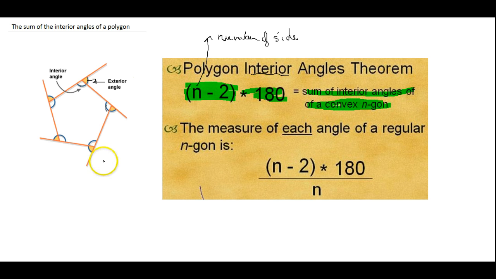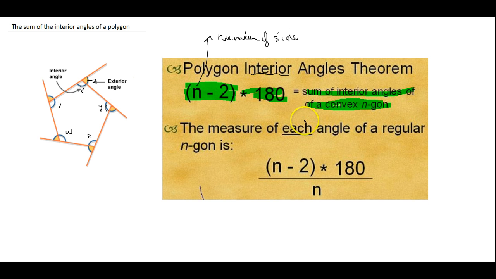Using this equation, we can determine the sum of the interior angles. So if this is x plus y plus z plus w plus v, adding all of those interior angles up. And we know for a triangle, it's 180 degrees, but for a convex polygon, we have this equation that allows us to determine the interior angles.